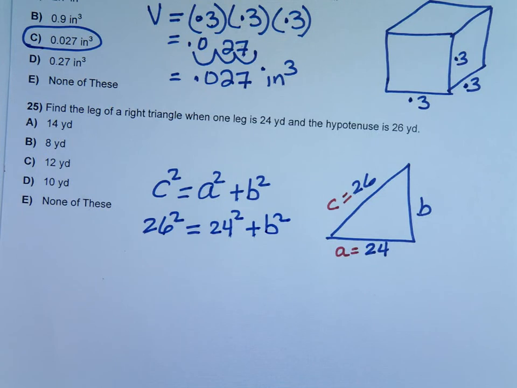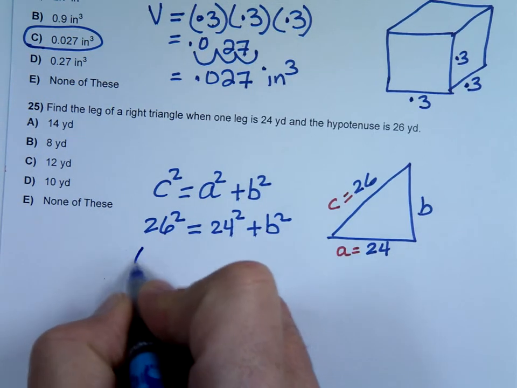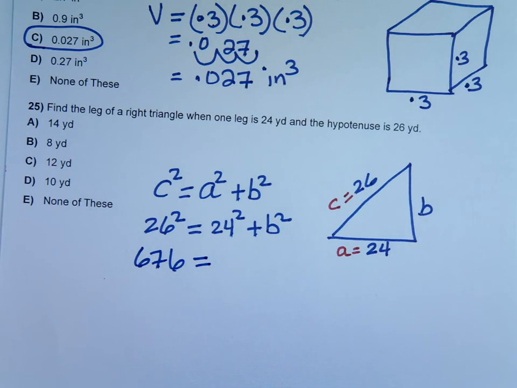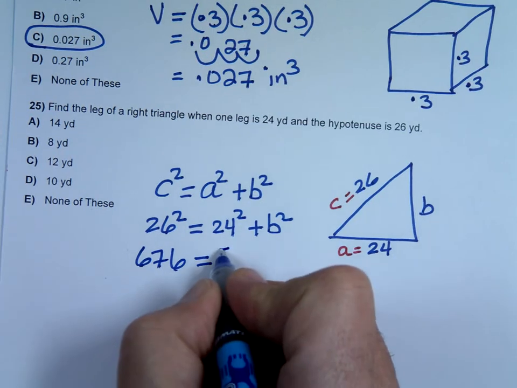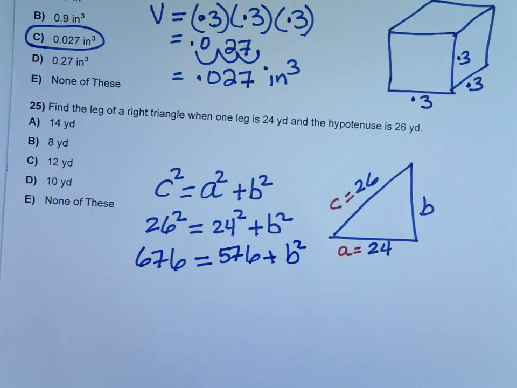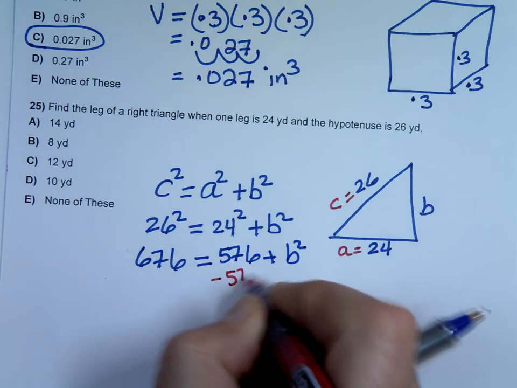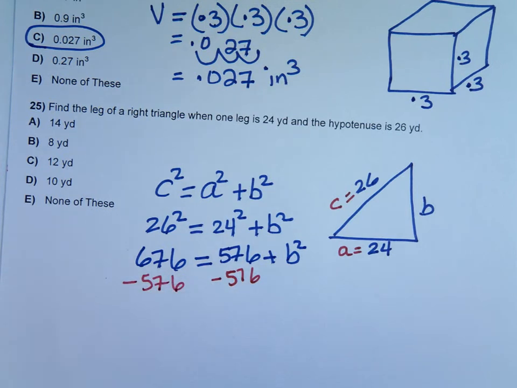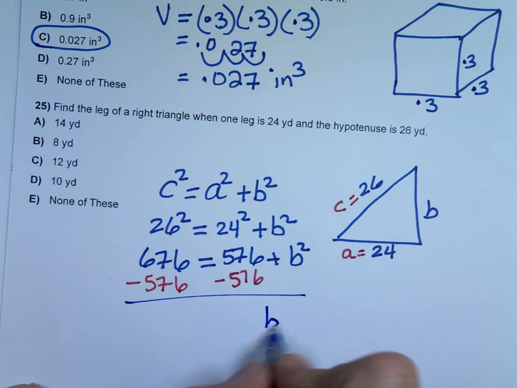Go to the calculator now. What's 26 squared? 676, right? What is 24 squared? 576. If I'm going to solve for B, I need to subtract 576 from both sides to isolate the B. B squared equals what? 100?